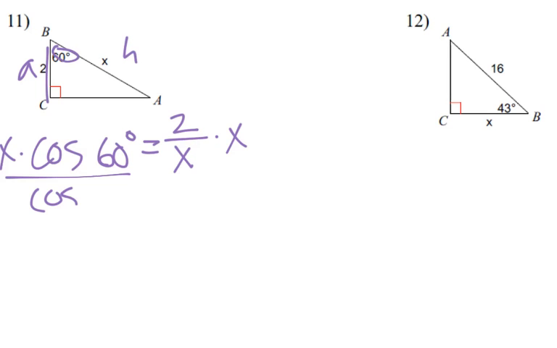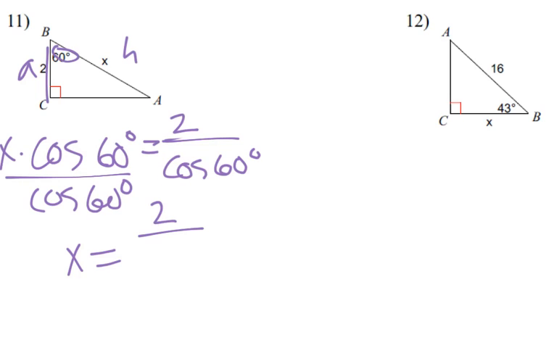And we divide by the cosine of 60 degrees. Kind of combine in steps here. So we end up with x equals 2 divided by the cosine of 60 degrees. Type that into my calculator. And we get x equals 4.